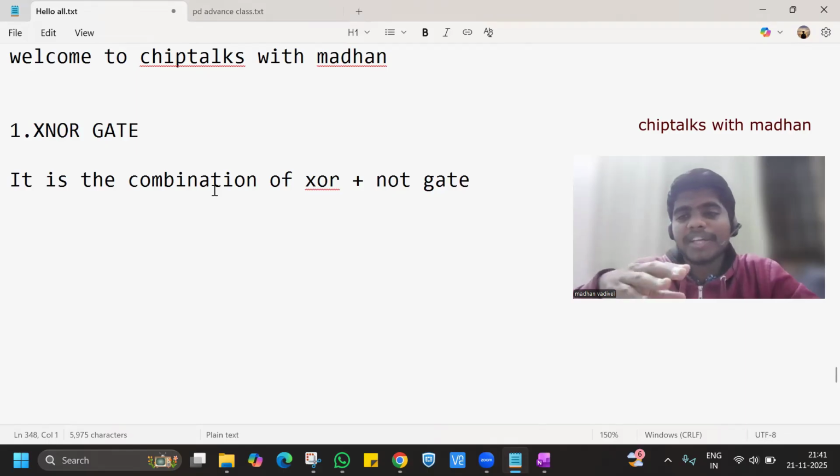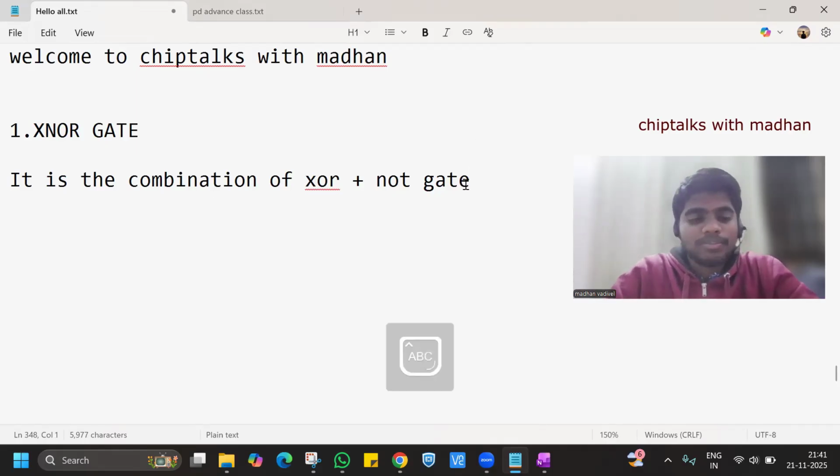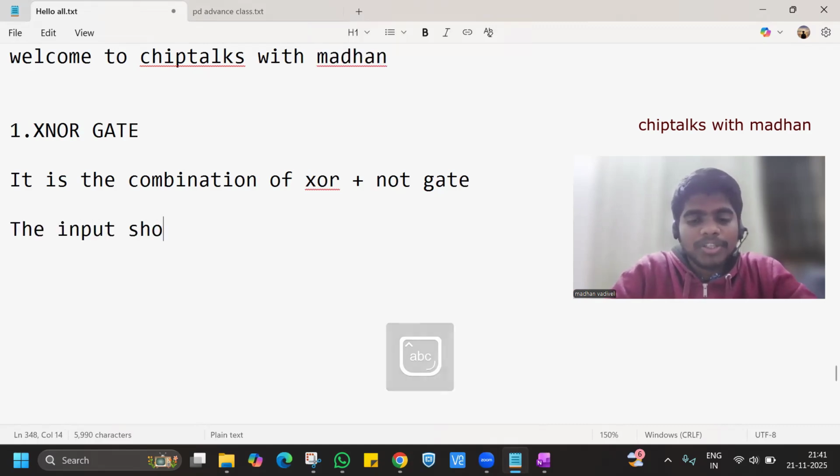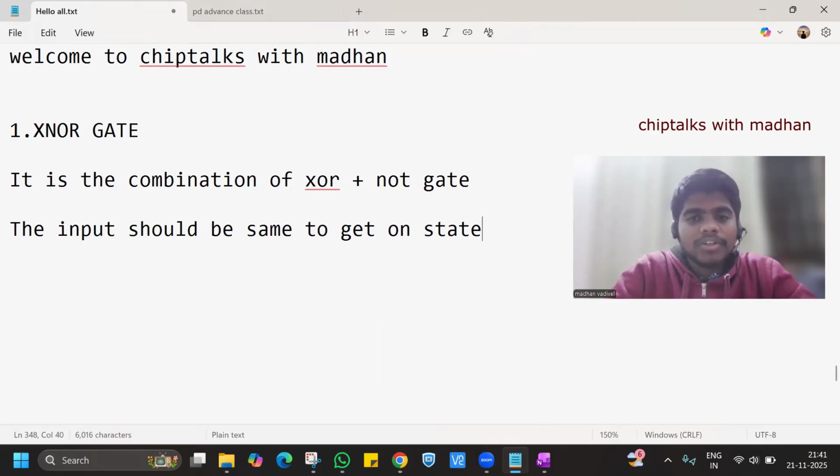For this type of XNOR gate, the input should be the same to get the high, on state.